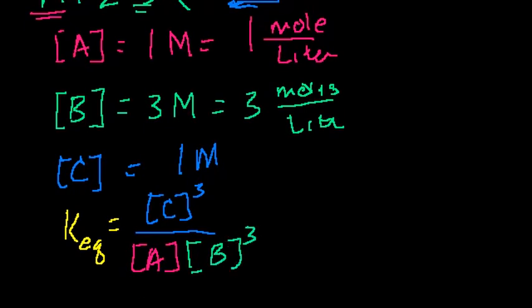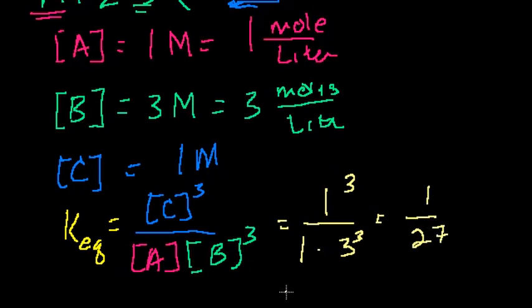So concentration of C is 1 molar, raised to the third power, divided by concentration of A, which is 1 molar, times the concentration of B, which is 3 molar, to the third power. So this is equal to 1 over 27.